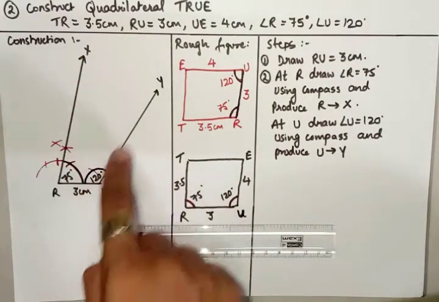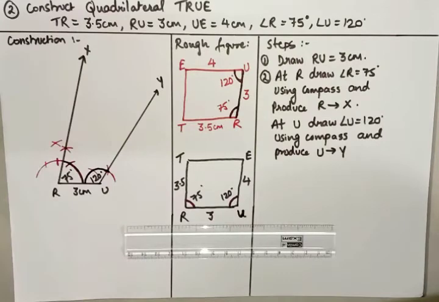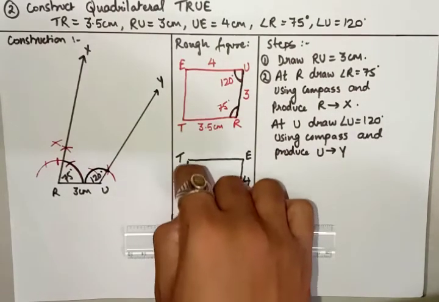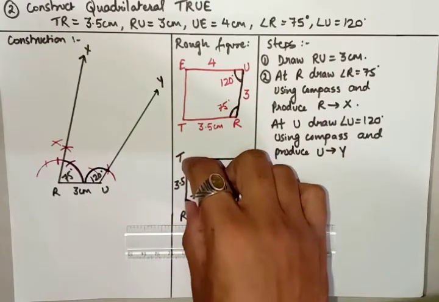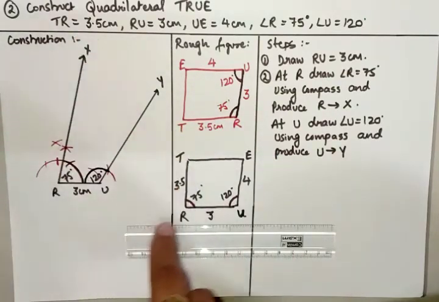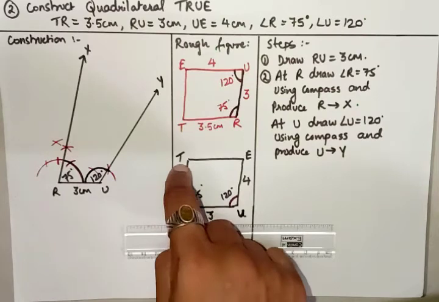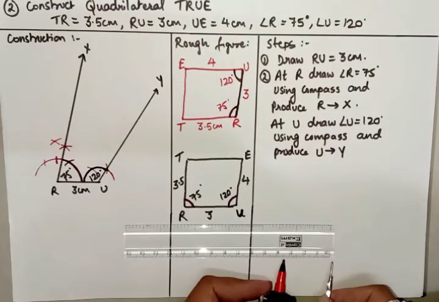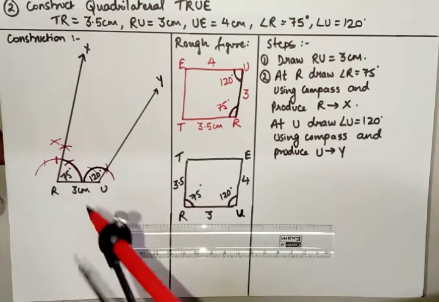At U we have constructed angle 120 degree. Now from R we have to draw an arc of 3.5 on this RX drawn to get the point T, right? So an arc of 3.5 centimeter. Here I have measured 3.5 centimeter.